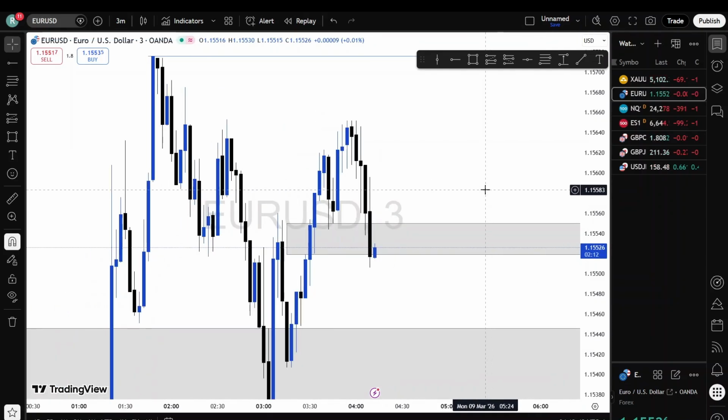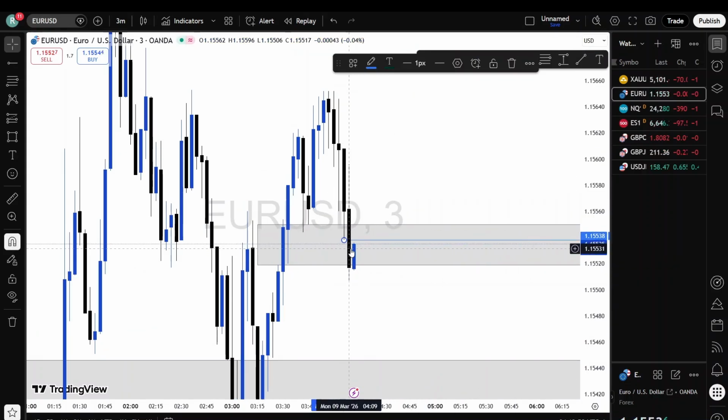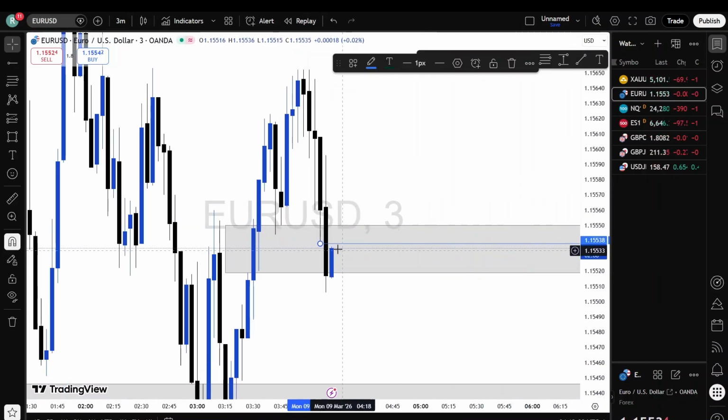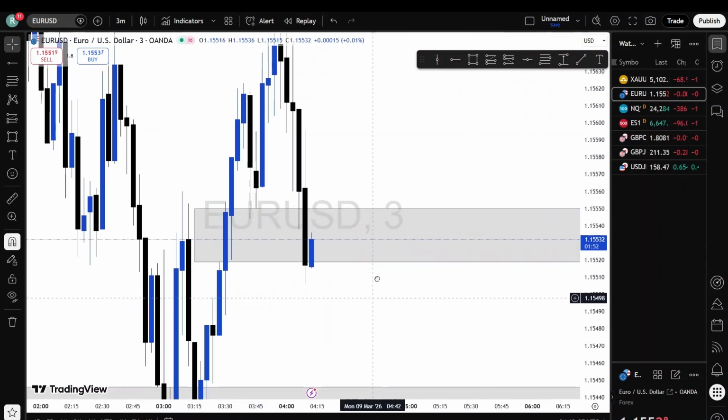So now we need to check this 3 minute. If it creates FVG, if it taps this first candle low, then it won't create any FVG in a 3 minutes time frame. Okay, so in that case we need only 1 minute confirmation.